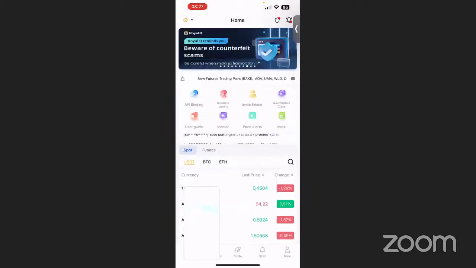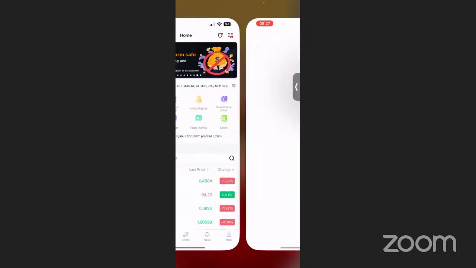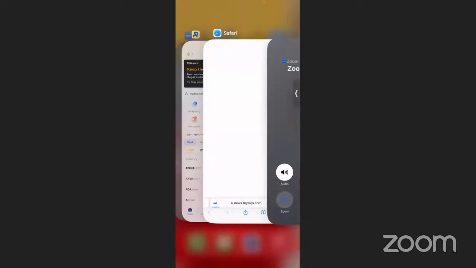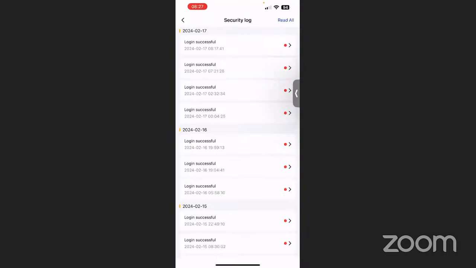Now on my top right corner, I see some red notifications attached to the security feature and the notification bell. I'm going to tap on the security one first. You can see the security login details of you logging in successfully.